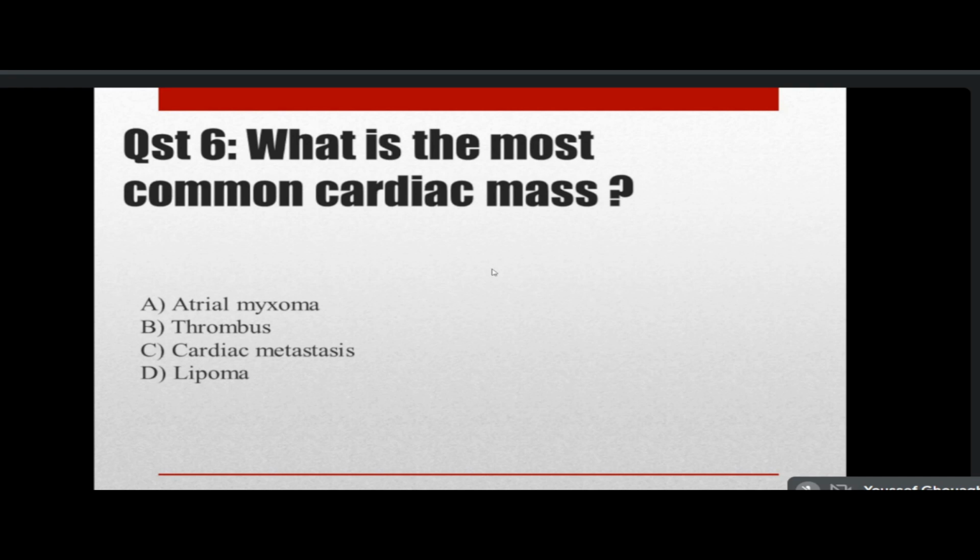Okay. All of you said B. Here in this question, I forgot to add primary benign mass.